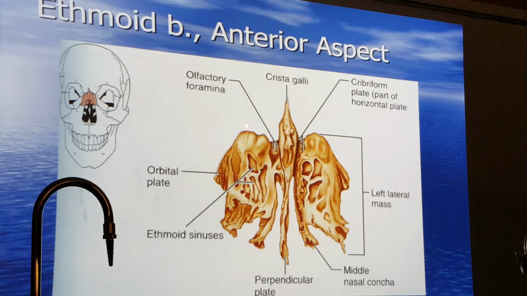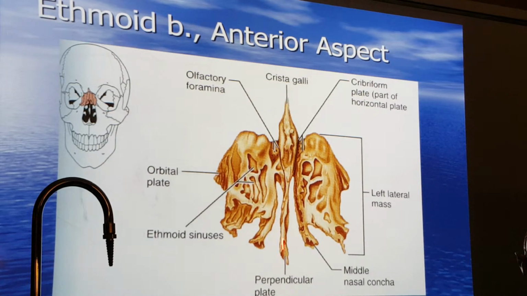Okay. There's a protuberance that sticks out the top called a crista galli. Shows up beautifully on my little backyard skull. The perpendicular plate of the ethmoid is practically impossible to see.